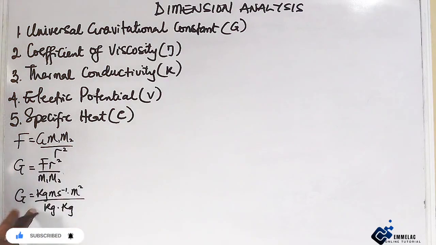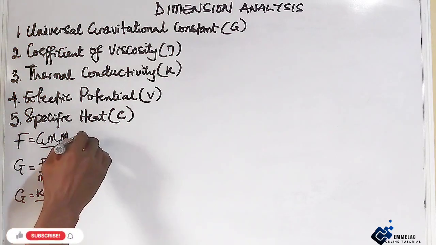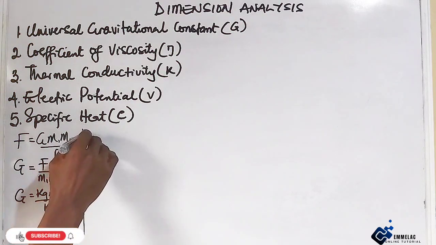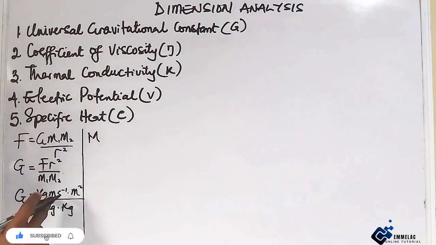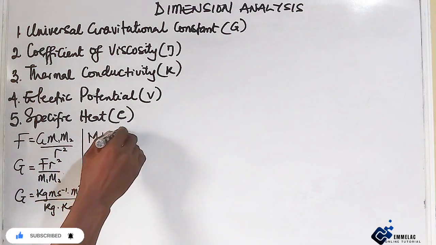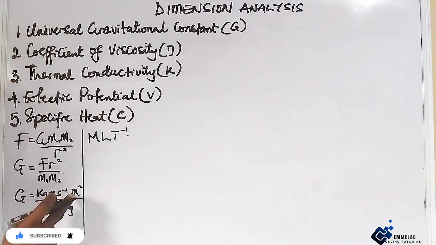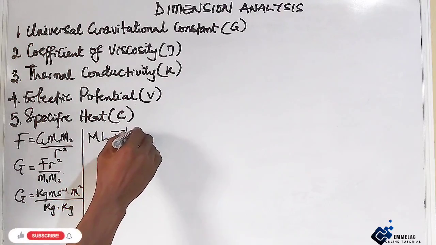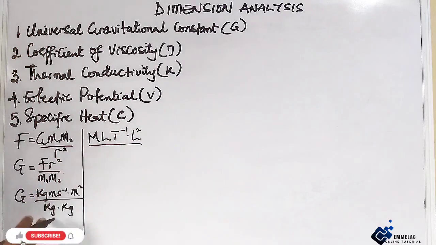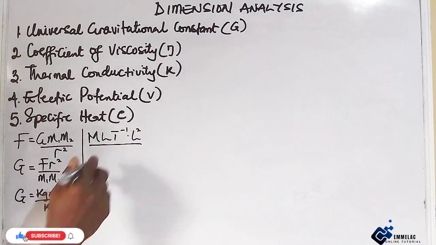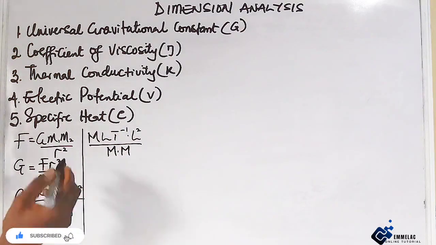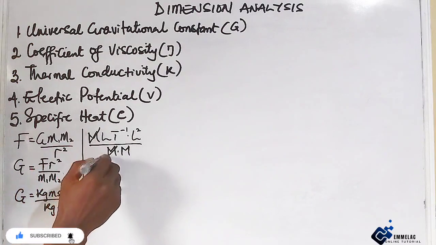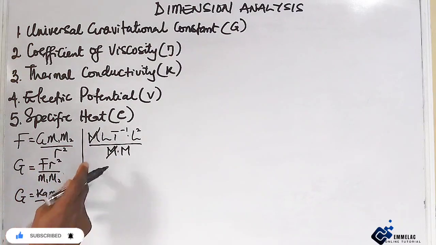Putting the dimension of kilogram here, we have M. For meter we have length, for second we have time. For another meter we have length squared, then all over kilogram times kilogram, which is M times M. Now we can cancel this M.